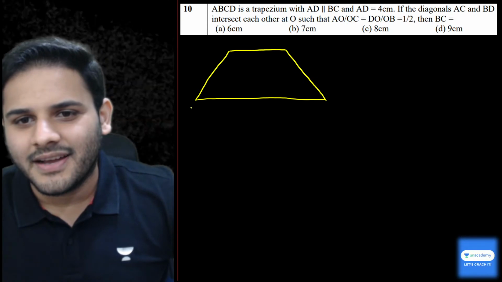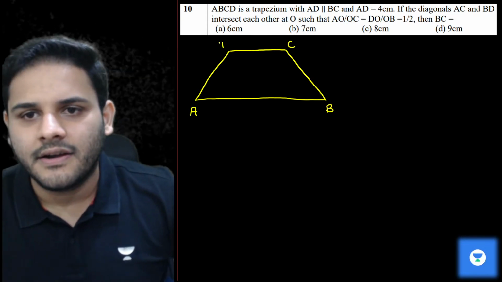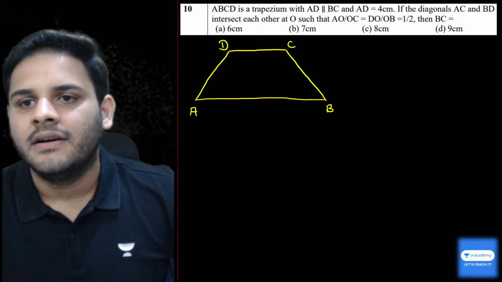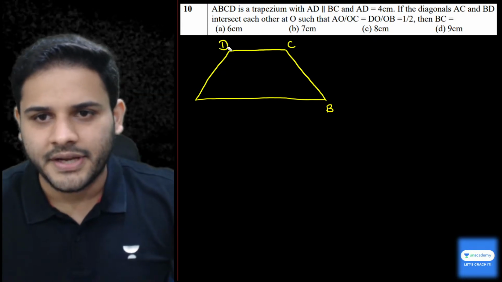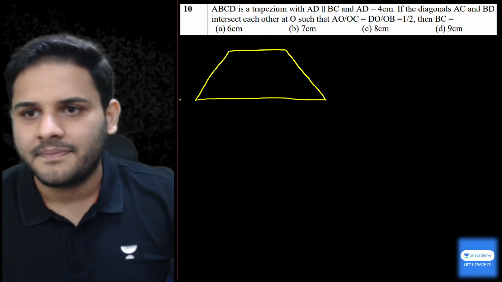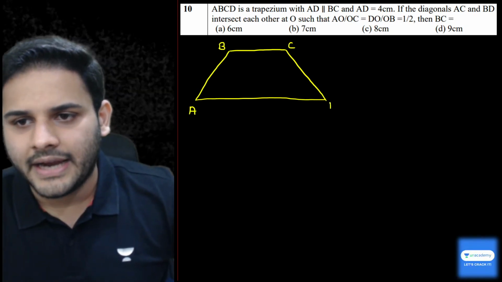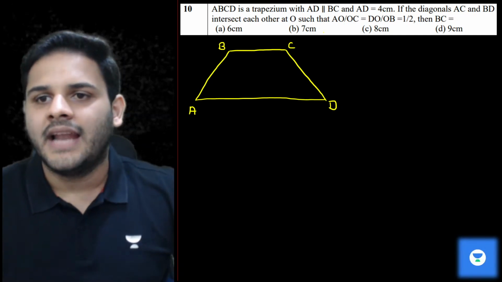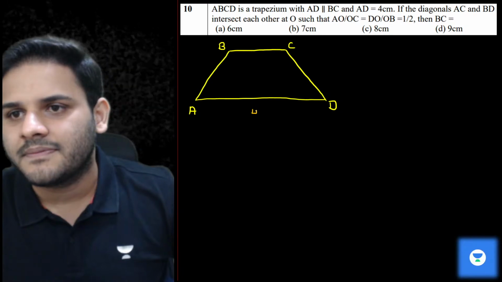Alright, so suppose A, B, C, D is a trapezium, and AD and BC are parallel sides. Extremely sorry. So we will name it as A, B, C and D. Now AD is given to us as 4 centimeters.